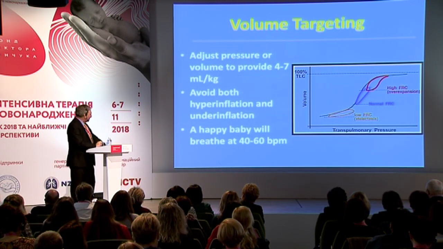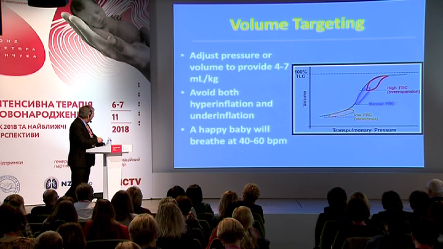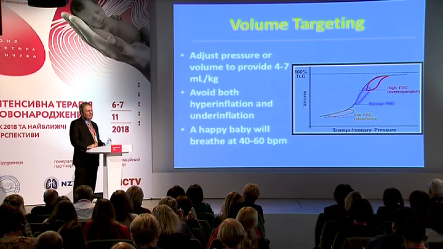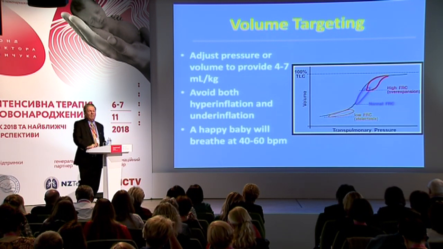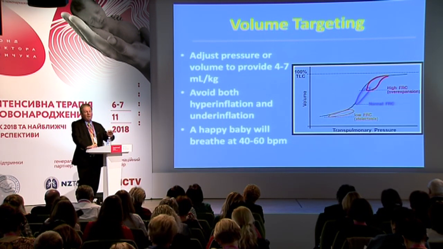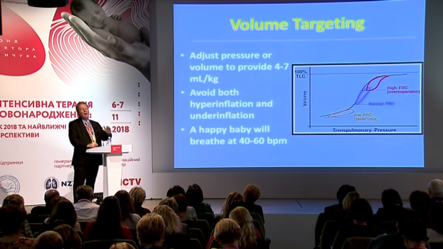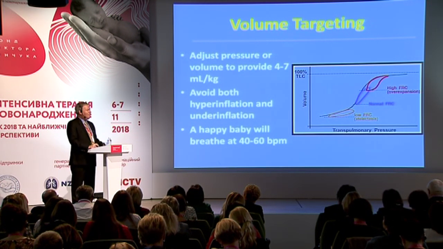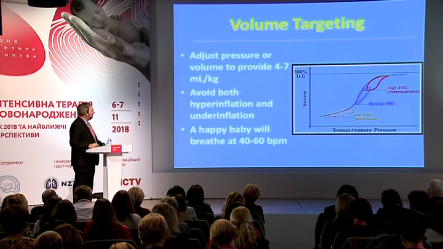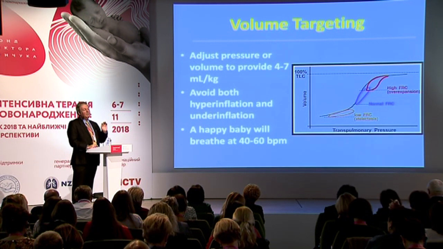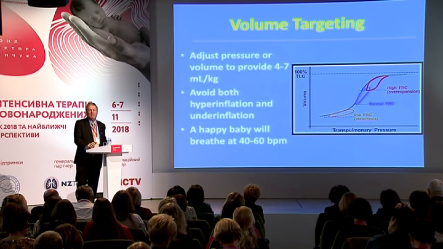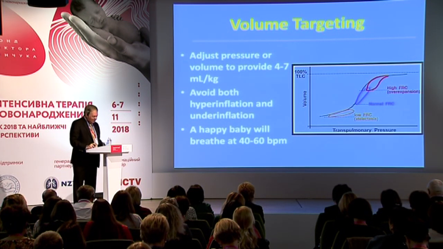And finally, the take-home message here is that a happy baby will breathe at roughly 40 to 60 breaths per minute, provided there are no confounding factors like a high magnesium level or a high morphine level. If the baby has relatively little sedation and you've set the tidal volume appropriately, the baby's respiratory rate is going to be in a normal range.